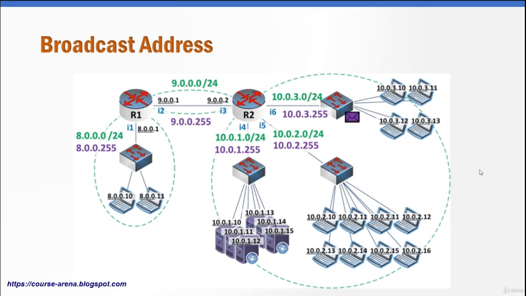The switch is going to send this packet through all of its interfaces except for the interface that received the broadcast packet. So these are the devices that end up receiving the broadcast packet. Now, if you're wondering whether the router is going to further forward this broadcast, it's not. Routers do not forward broadcast packets. Hopefully that's clear enough.